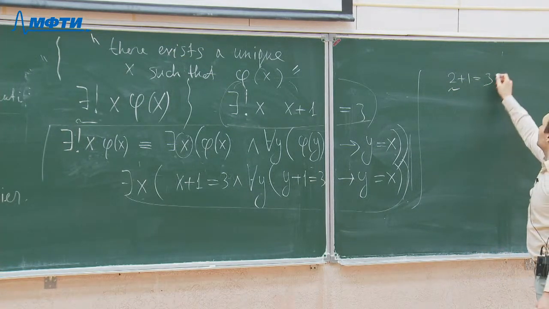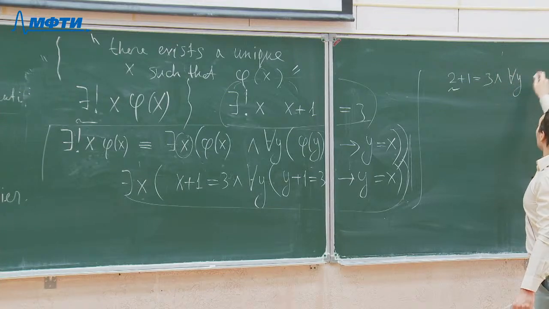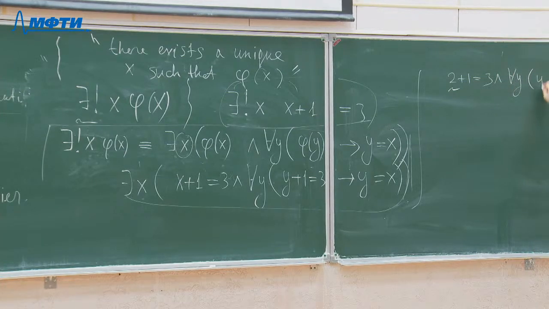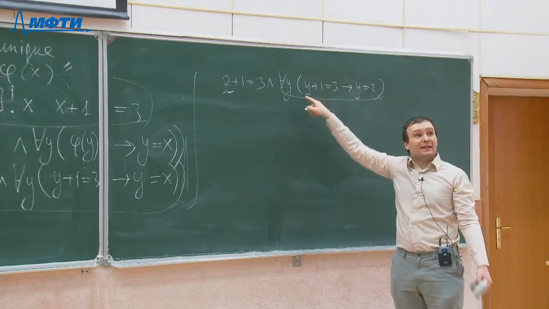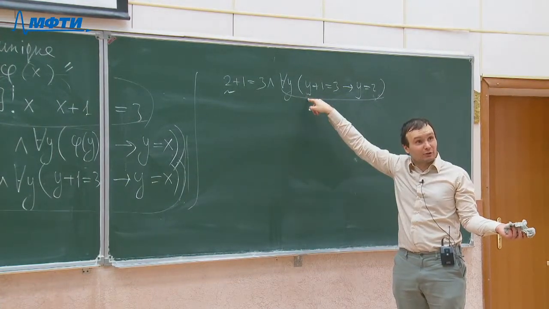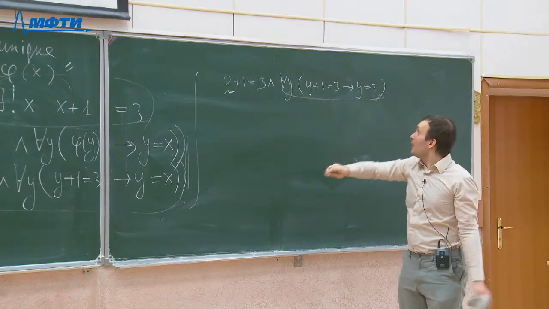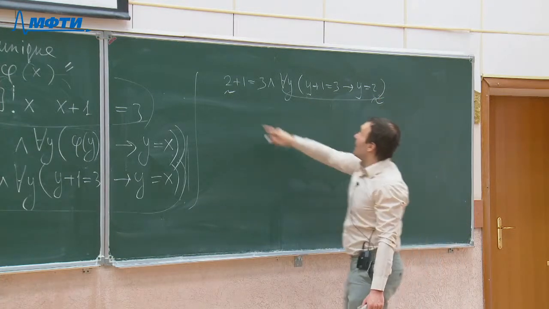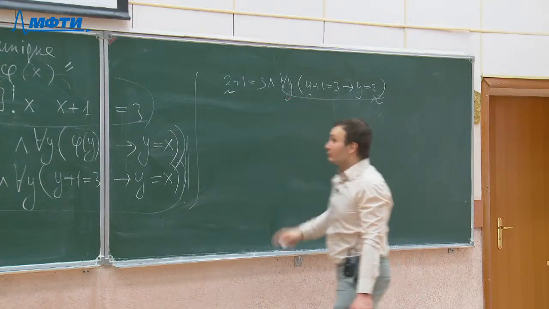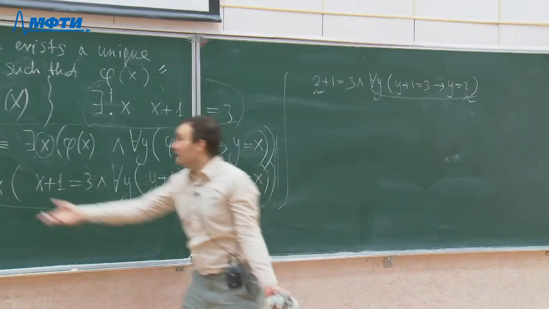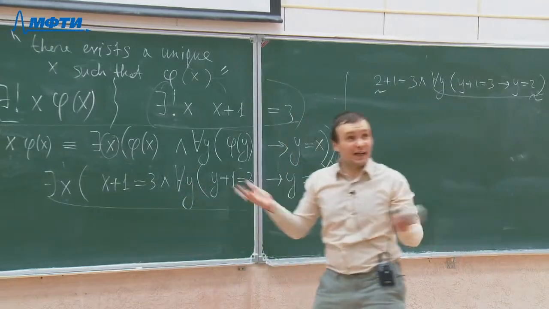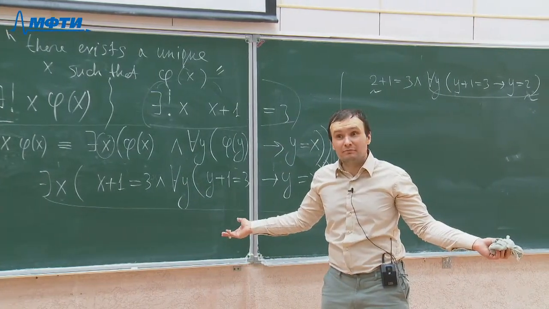And also for each y, if y plus 1 equals 3, then y equals 2. Do you agree with this one? That means that y is a unique solution to this equation. So we see that 2 satisfies this condition. So there exists x which does satisfy. Is it clear?